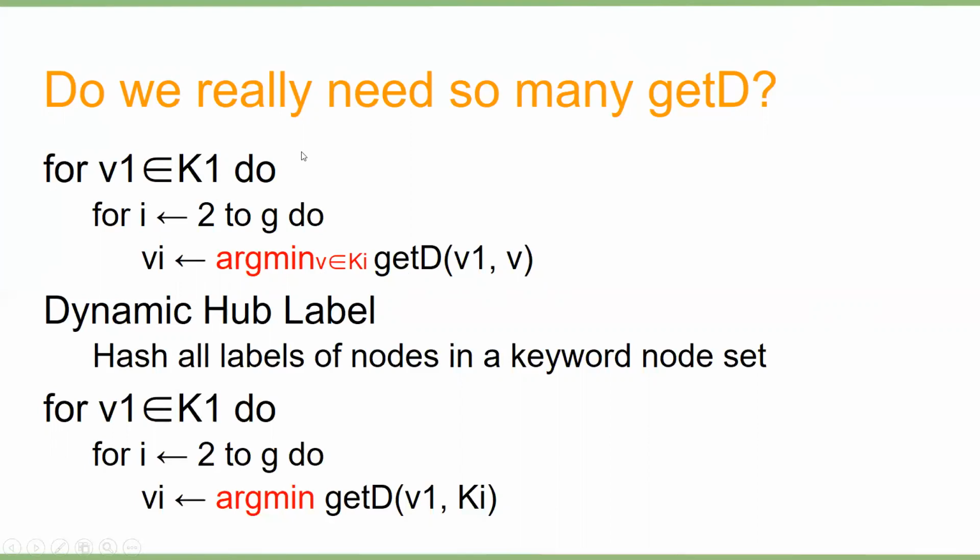So n times g times n is n squared g. We avoid so many get distance calls via dynamic hub label. Basically, it's just a hub label of a keyword vertex set.